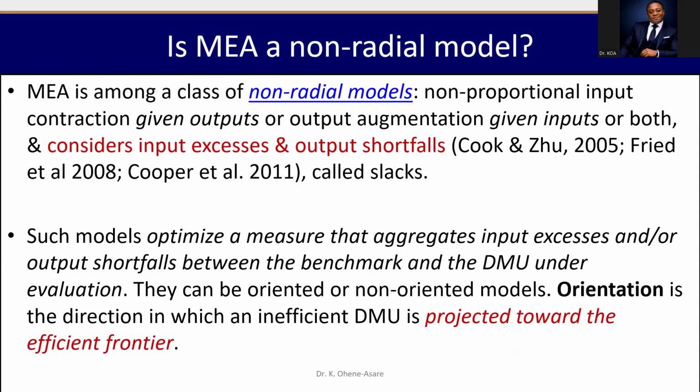If I am inside, like I just showed you, I am moving downward in the direction towards the frontier. If the frontier is rather above me, I am moving upward in the direction towards the frontier. But in the non-oriented case, the directions are multiple, you're affecting both the inputs and outputs at the same time.